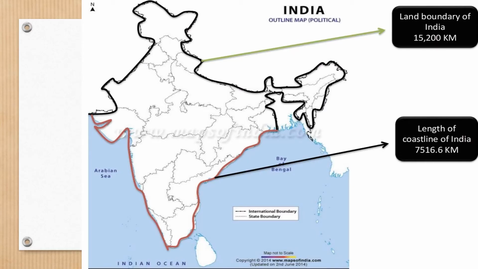The land boundary of India is 15,200 kilometers, whereas India has a very long coastline of 7516.6 kilometers. And we will deal with the advantages of having a long coastline at a later stage.